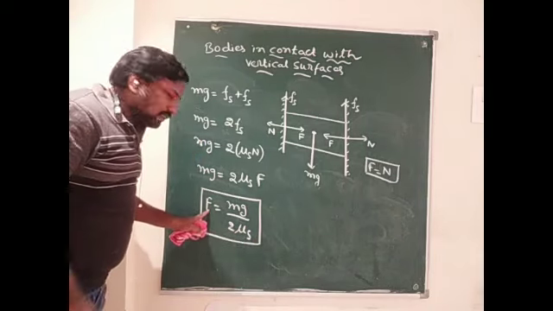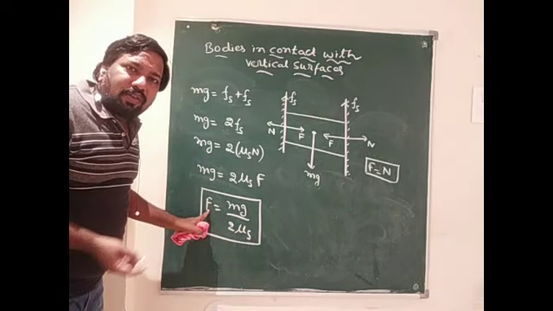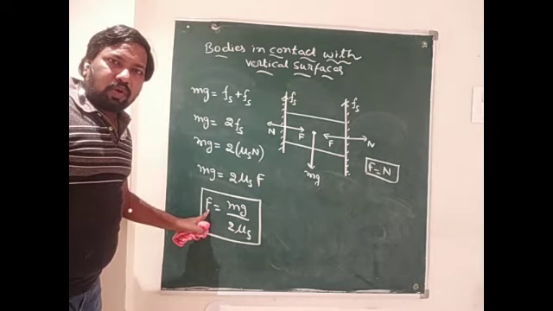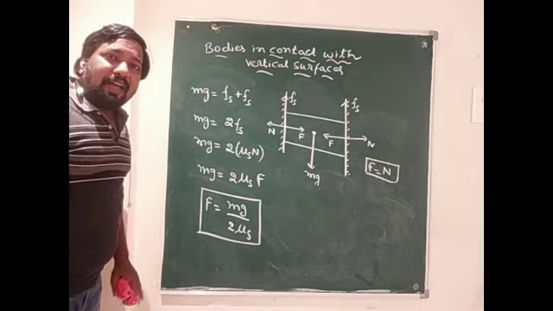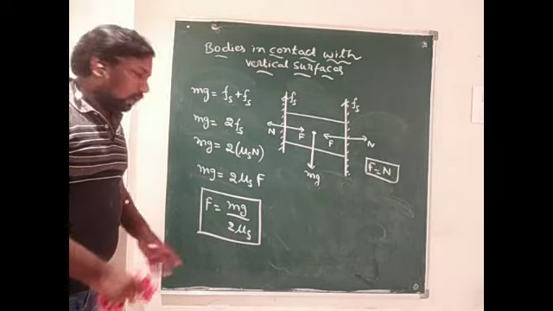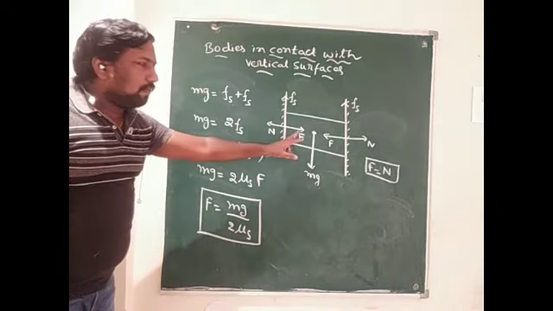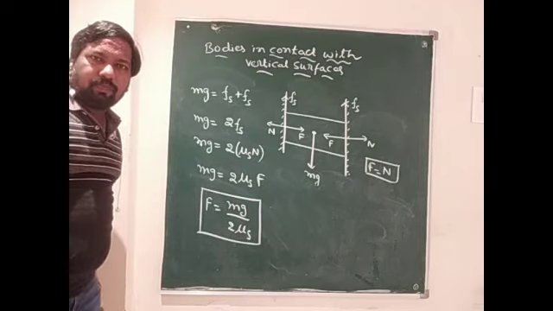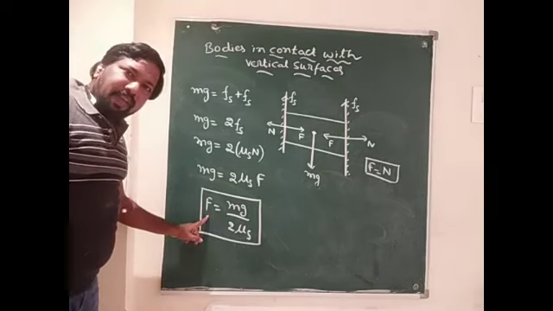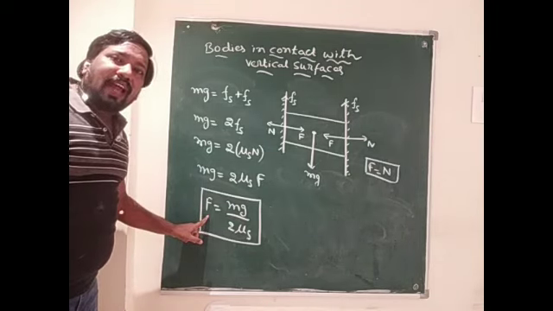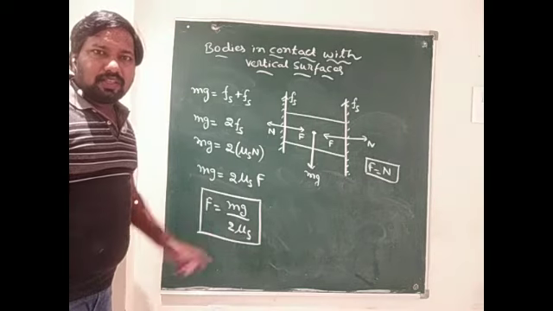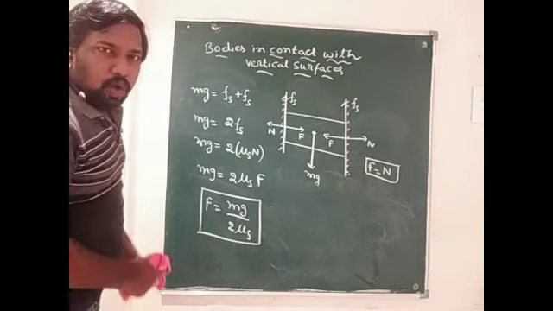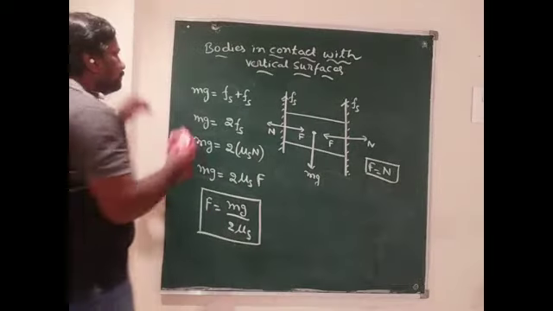So here F is the minimum force acting on the book at each end. So now the net force acting on the book is F minus F, that is 0. So here F means the minimum force acting on the book at each end. So this is case 2. Now we discuss case 3.